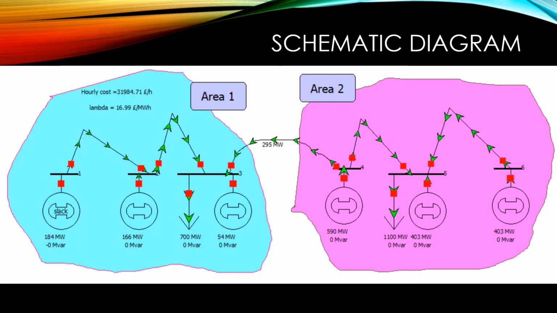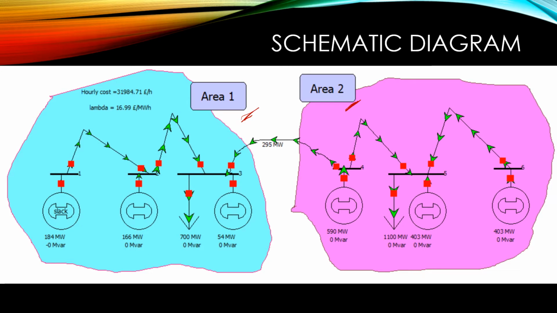Here this figure shows the schematic diagram of our model. Here we can identify area 1 and area 2. In area 1, generators 1, 2, 3 are connected. Only 3 buses we are using to keep the model simple.